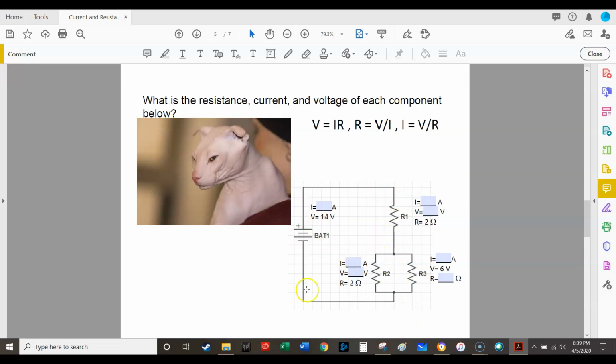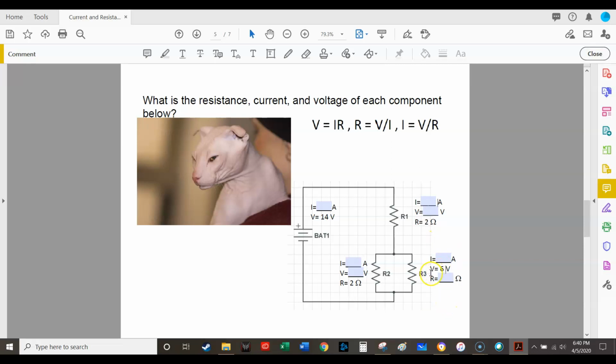I know this is producing 14 volts, and that means this entire branch has to be consuming 14 volts. Well, what we had learned is that one of the consequences of Kirchhoff's loop rule is if you know the voltage of one thing and it's in parallel with the other, then they have to have the same voltage.